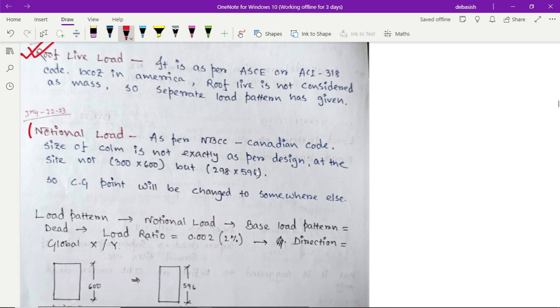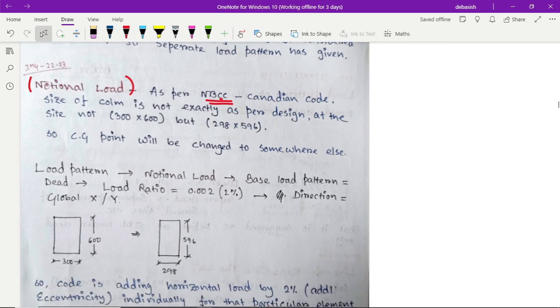Notional load is as per the NBCC code, that is the Canadian code, where some 2% of dead load is considered as horizontal force and applied in the global X and global Y directions, for the change of size as per the design and as per the site conditions.